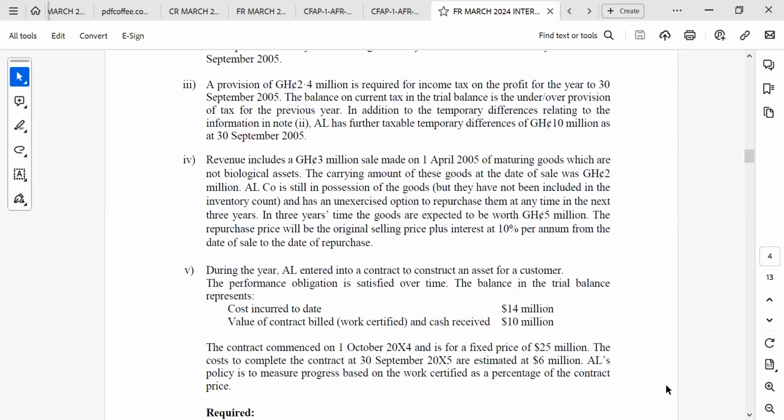The company's policy is to measure progress based on the work certified as a percentage of the contract price. Okay. So what is the work certified over here? 10 million. Okay. What is the total contract price? 25 million.